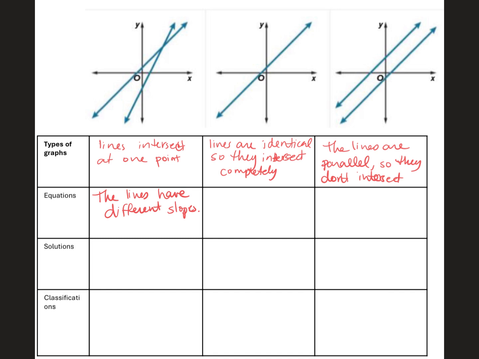The lines that are identical and intersect completely have the same slope and the same y-intercept. And the lines that are parallel and don't intersect have the same slope and different y-intercepts.